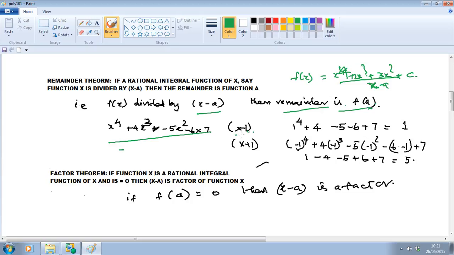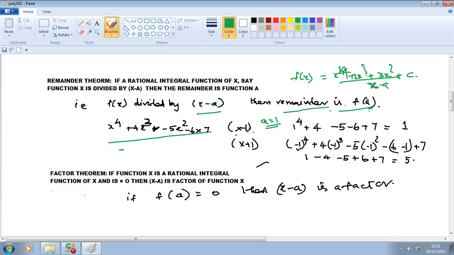So a is equal to 1 here. Or you can compare like this: minus a is equal to minus 1, so a is equal to 1. Now the remainder is f of a. What is the remainder?